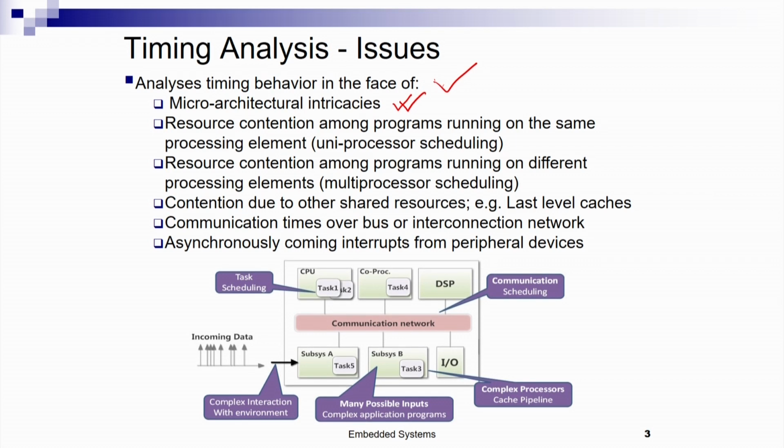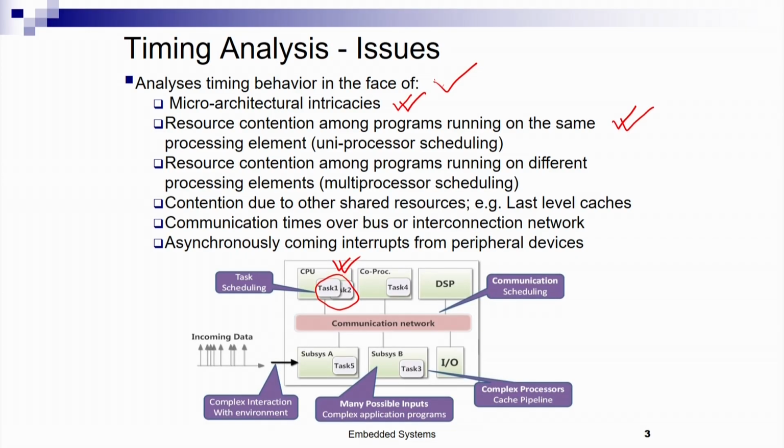We have to take care of the resource contention among programs running on the same processing element. That will be done through uniprocessor scheduling. We saw that there are multiple tasks on the same processing element, and when each task will execute, such that both tasks will be able to produce their outputs within given deadlines, has to be correctly analyzed and scheduled, and that will be done via uniprocessor scheduling.